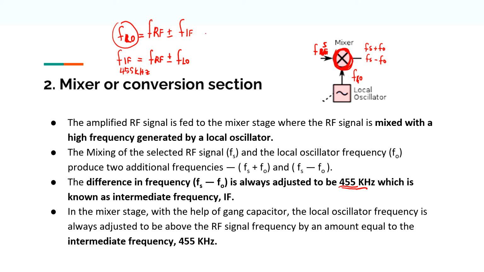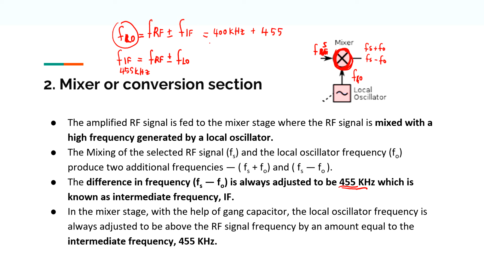So for example, we have the modulated signal at 400 kilohertz, and the FIF is 455.